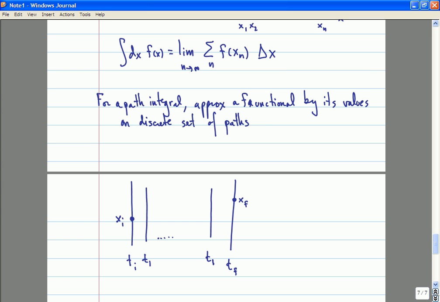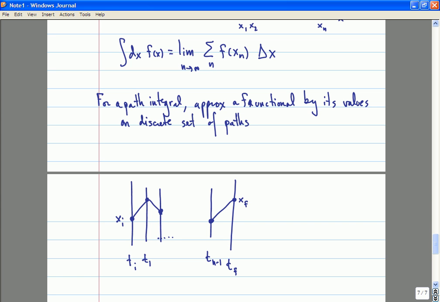And rather than trying to define the full path integral, let us imagine the approximation where we just have a particle that moves on a discrete path given by a sum of line segments that are all connected at points x1, x2, and so forth.